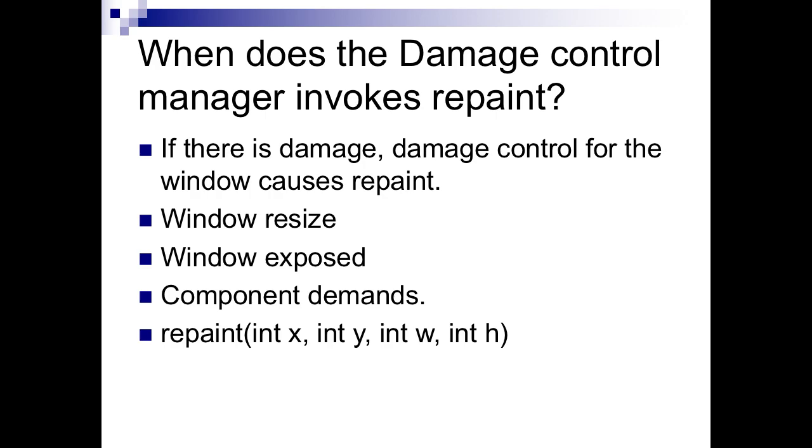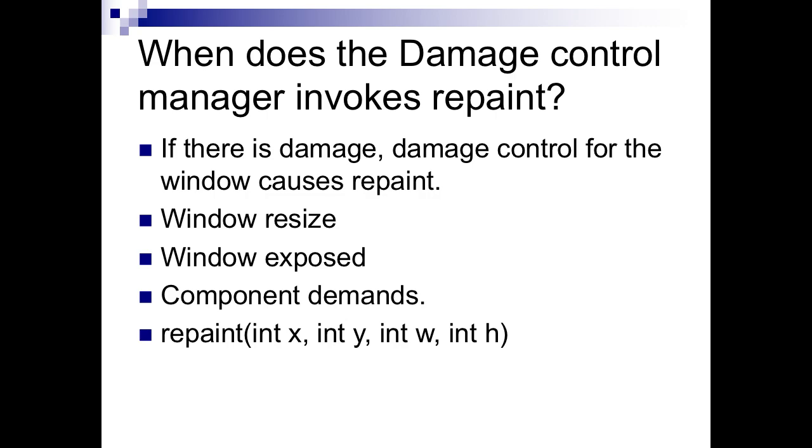So then the question becomes, all right, so what is this damage control manager, and when does it invoke the repaint method? Resizes, exposures, relaying out the component, a show or a hide, anything inside the component that demands a repaint.